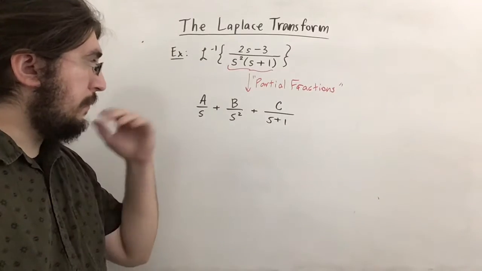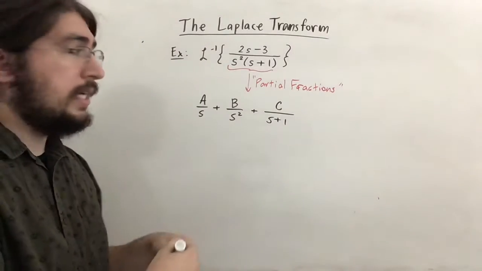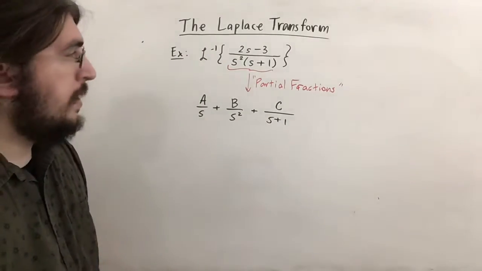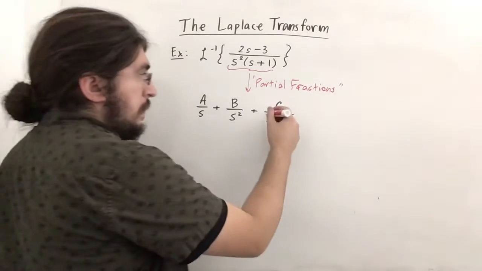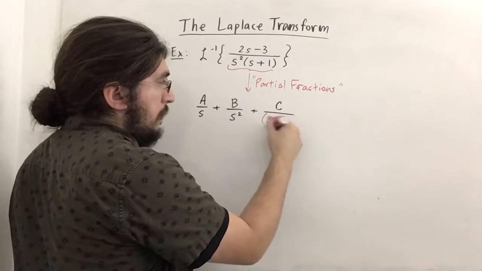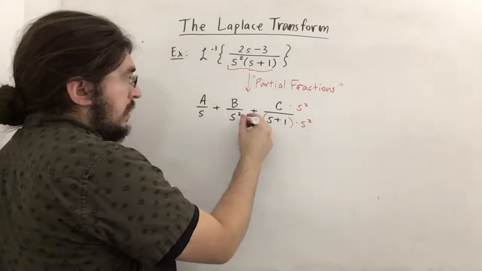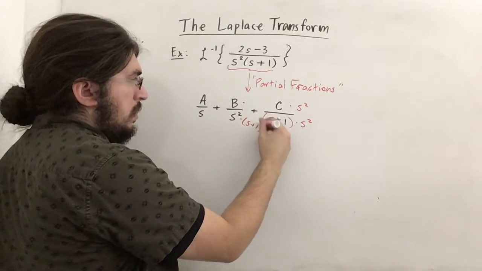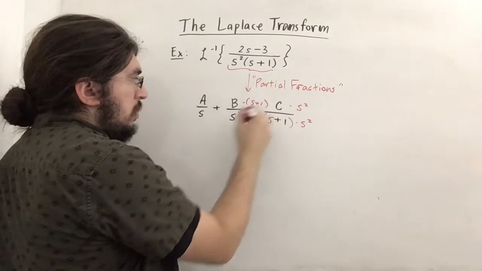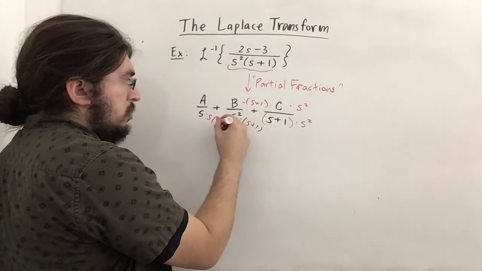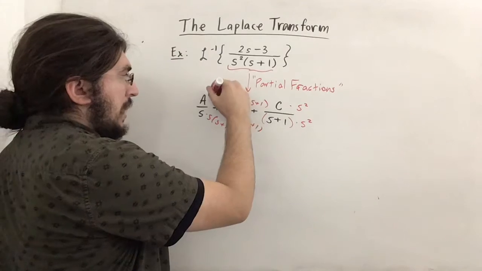This example. So to combine this back into one fraction, we need a common denominator. Now notice, if we were to find a common denominator, it's just this original denominator. So we can multiply it here, top and bottom, by s squared, and this top and bottom by s plus 1. But notice the first one not only needs an s plus 1, but it also needs an additional s to complete that s squared.